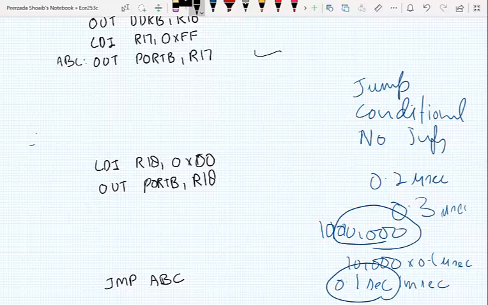So what I will do here, LDI, I will load a register R20 with the maximum value 0xFF.